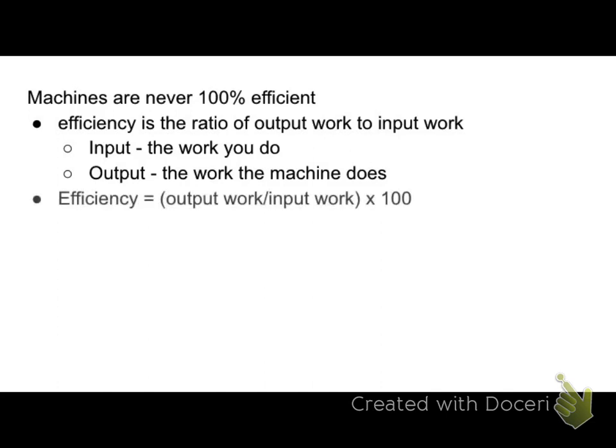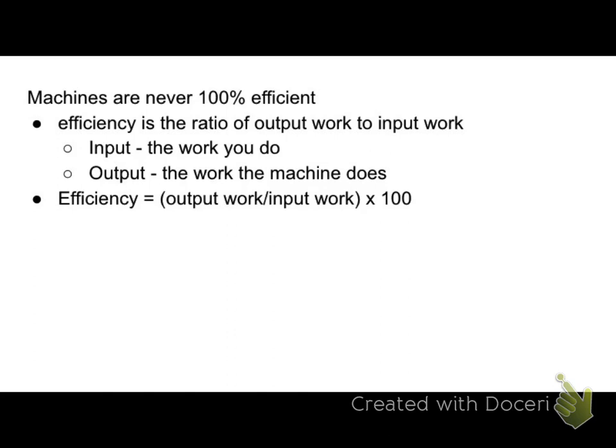But we know that friction is a thing, and because friction is a thing, in every situation, some energy is going to be lost as heat. So 100% of the work that I put in is not always going to come out. It's always going to be at least 95 or 98% efficient, never 100%.